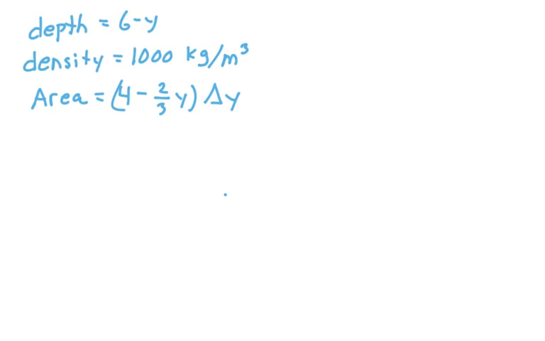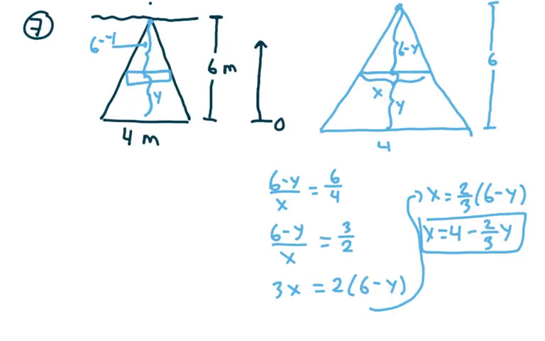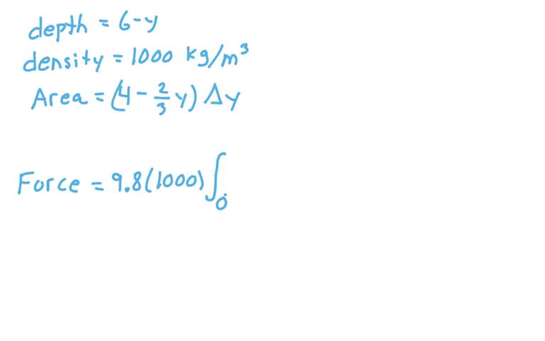Now, the force. Now, don't forget, we have to factor in the acceleration due to gravity. So this is going to be 9.8 times 1,000 times the integral from. Now, let's think about this. We're going from 0, the bottom of the triangle, up to the top. So 0 to 6.